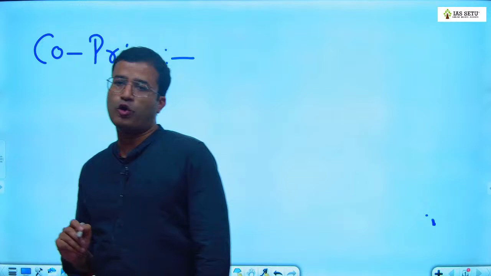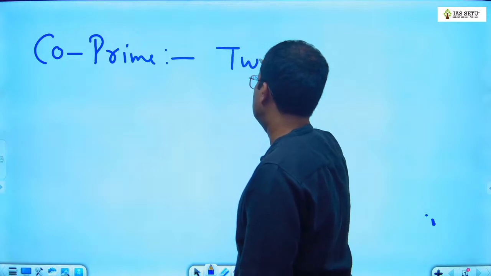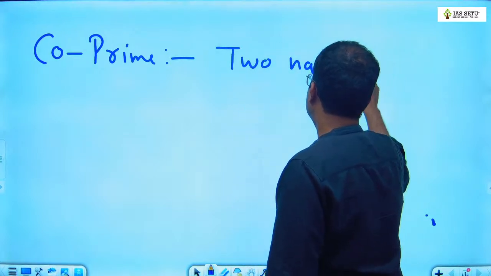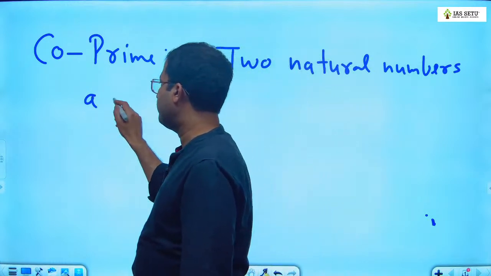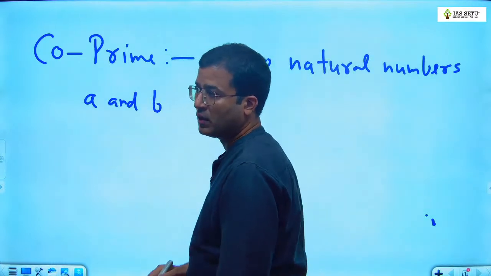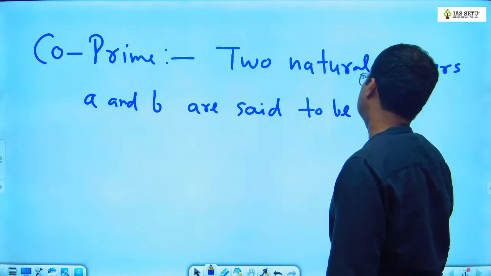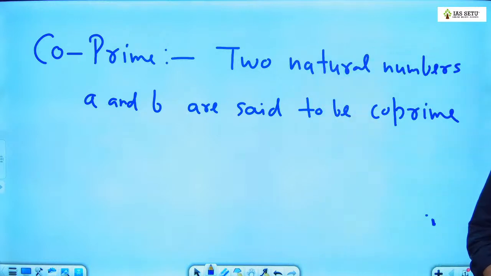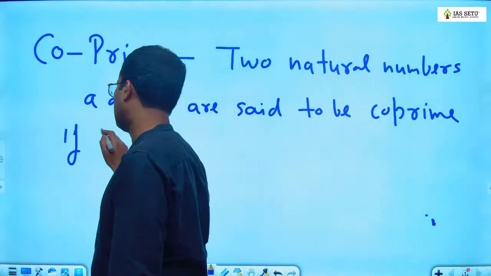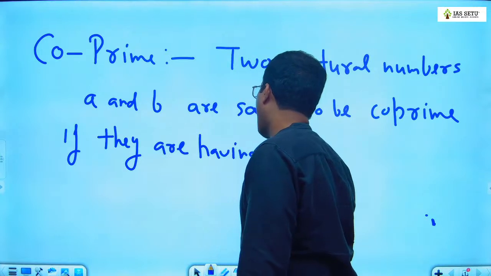I will dictate the definition of co-prime. Two natural numbers A and B are said to be co-prime if they are having only one as a common factor.